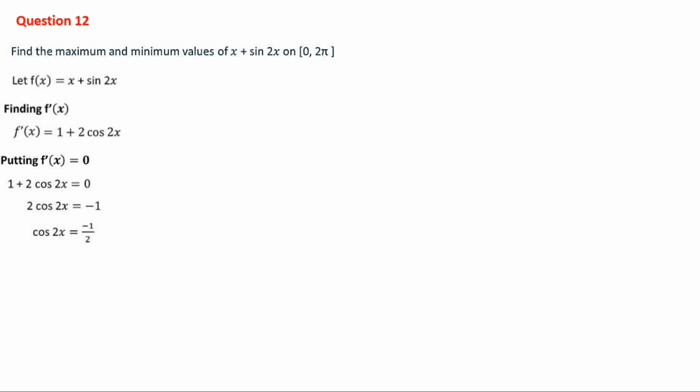As we know that cos 60 is 1 by 2, and 60 degrees means pi by 3. So on the right side we can change 1 by 2 as cos pi by 3. Now cos is negative here. Cos is negative in the second quadrant as well as the third quadrant. Here I am taking the second quadrant.